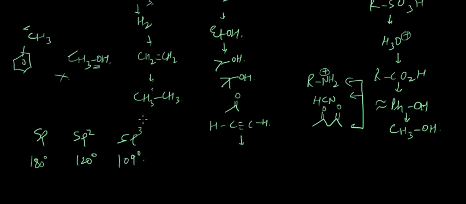So as the s character increases, the bond angle also increases, and as the bond angle increases, acidic strength also increases, right? Why does acidic strength increase? Because it becomes more electronegative. Hence an electronegative element or atom wants itself to be negatively charged, right?